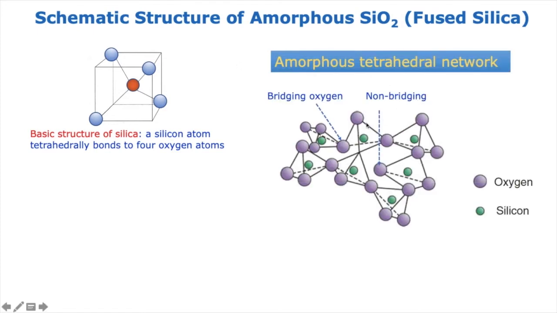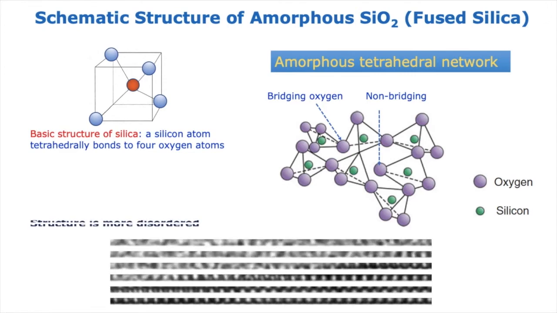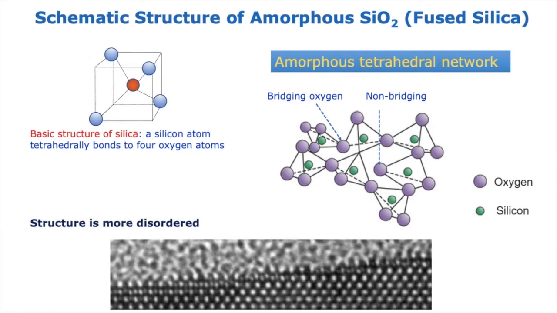What you see here are individual tetrahedral structures which are arbitrarily connected, with some bridging oxygen and some non-bridging oxygen. So absolutely arbitrary connections of these tetrahedra, and essentially it is a more disordered structure.